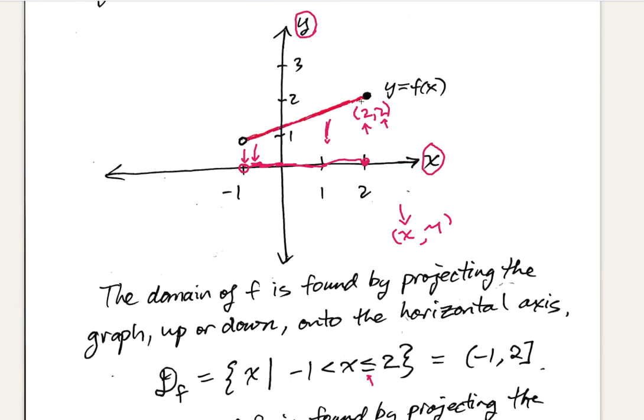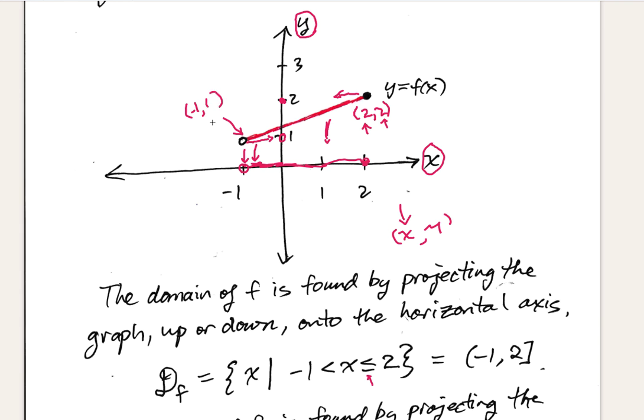If I was to take all these points on the graph now and project them horizontally, left or right, whichever is required, onto the vertical axis, I would get everything from 1 up to 2. Notice I wouldn't actually get 1 here, though. That would be an open dot, because this is actually what? Open right there.